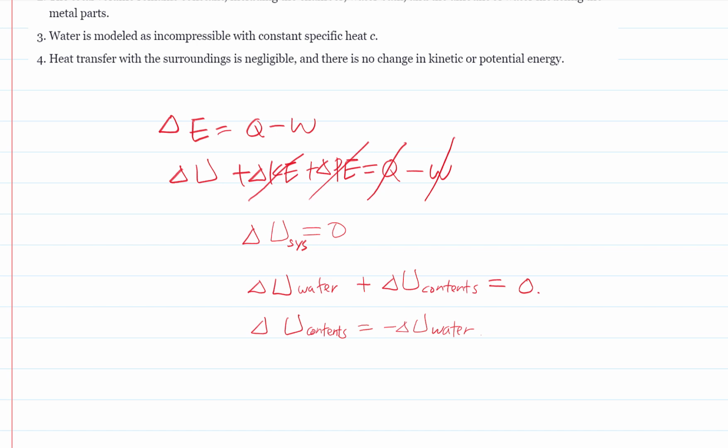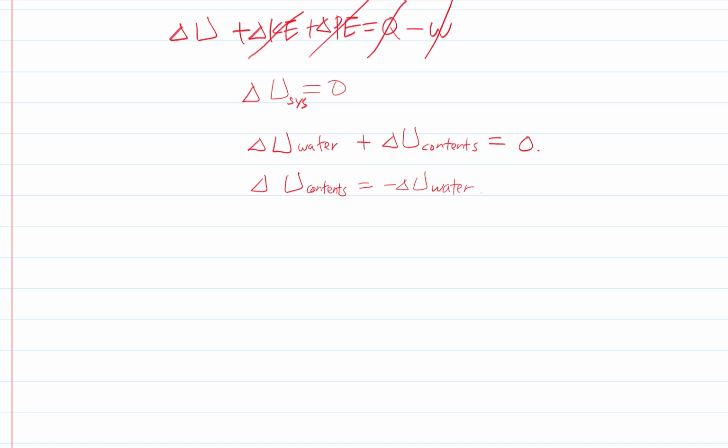The change in internal energy of the contents equals negative the change in internal energy of the water. Since water is considered to be incompressible, the internal energy change can be expressed as mass times specific heat of water times the temperature difference.